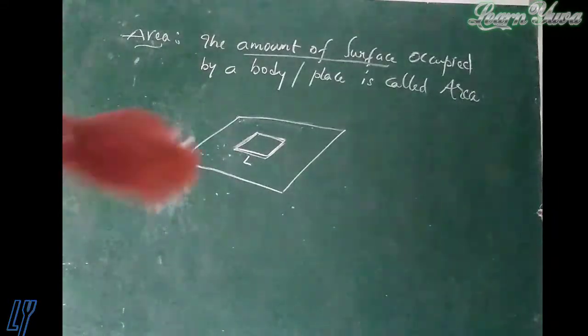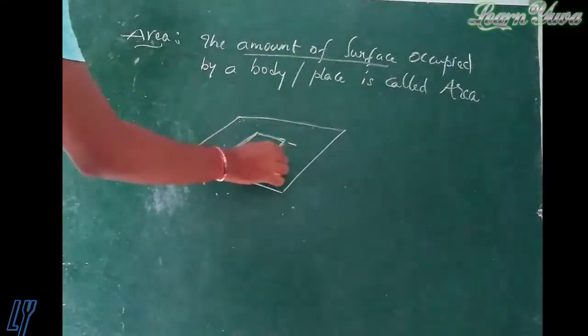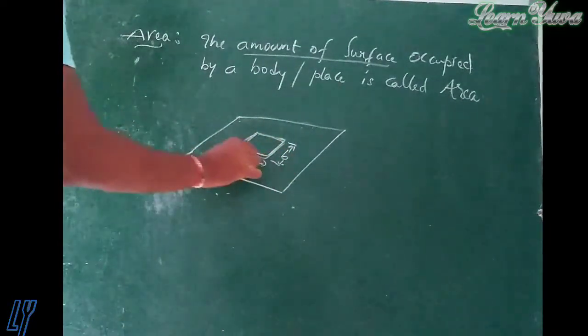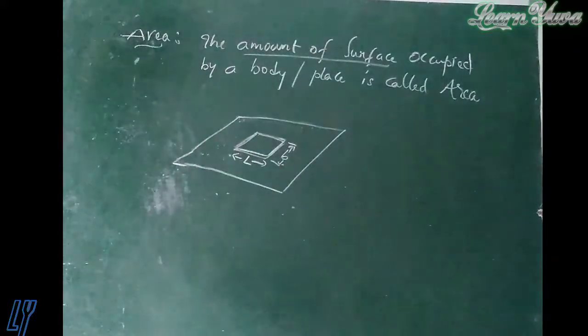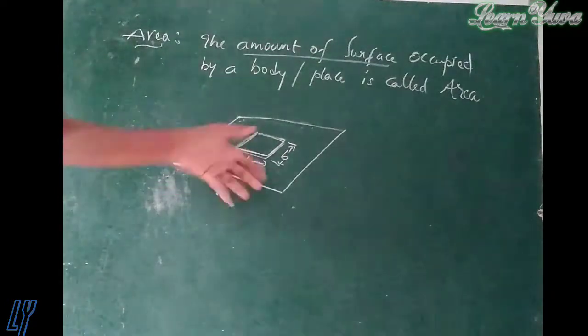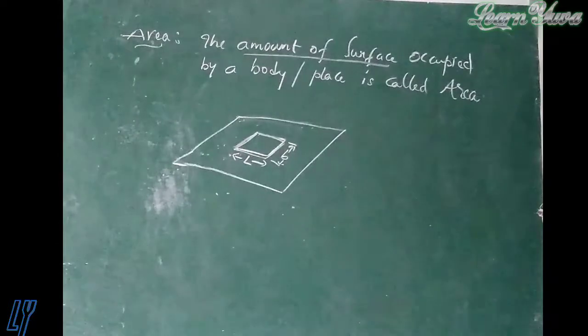It has length and breadth. The amount of surface occupied by a body is known as area. It has only length and breadth.